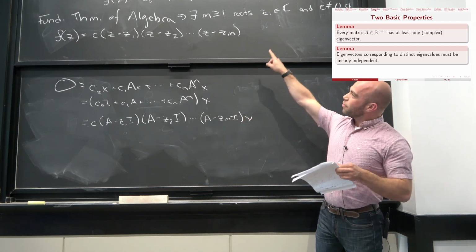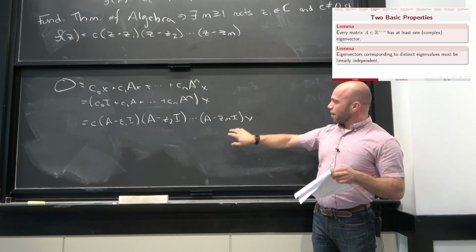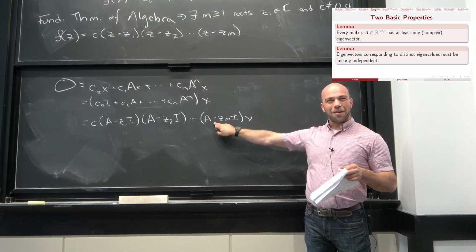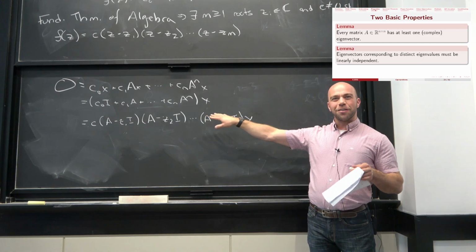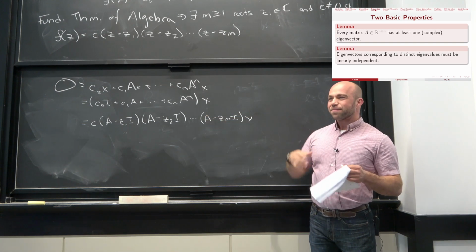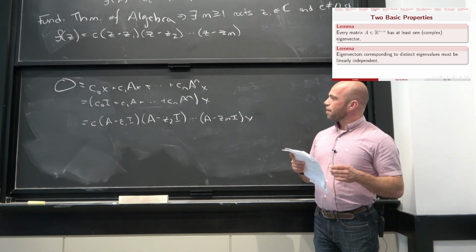And this follows directly from the equality up here, even though I happen to put an a instead of where there was a z before. If you expand out this product, you'll see the coefficients are exactly the same.